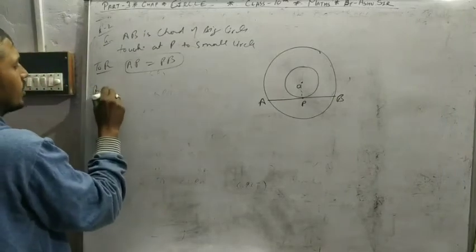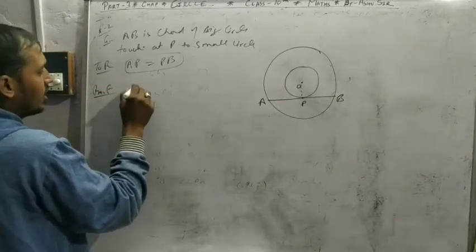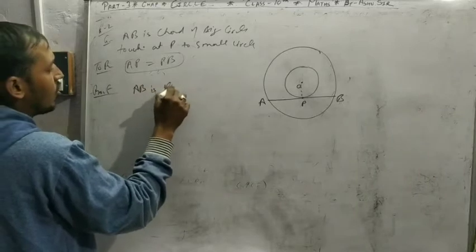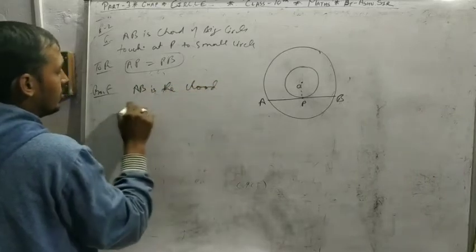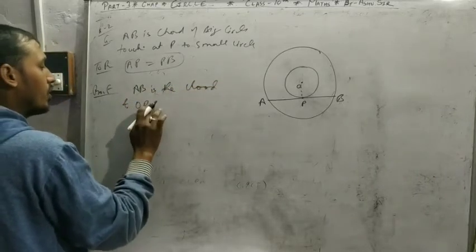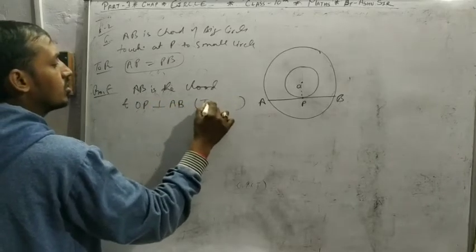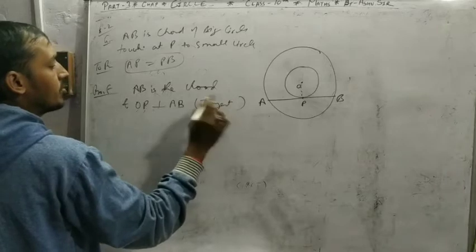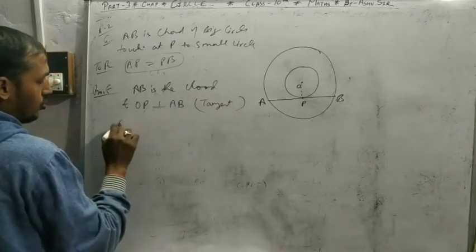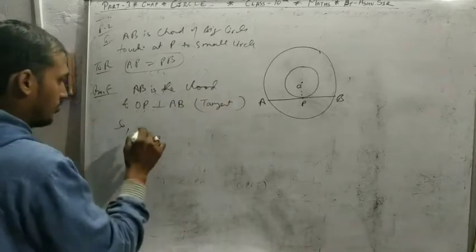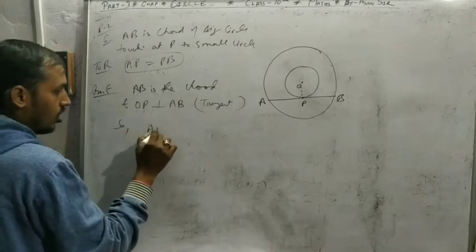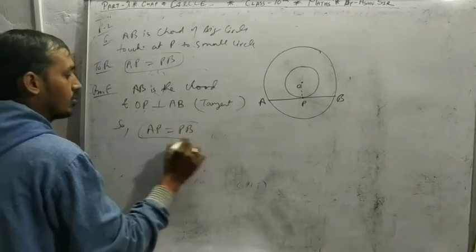Very easy part. AB is the chord and OP is perpendicular to AB because a tangent makes a right angle. So from the class 9 theorem, AP is equal to PB.